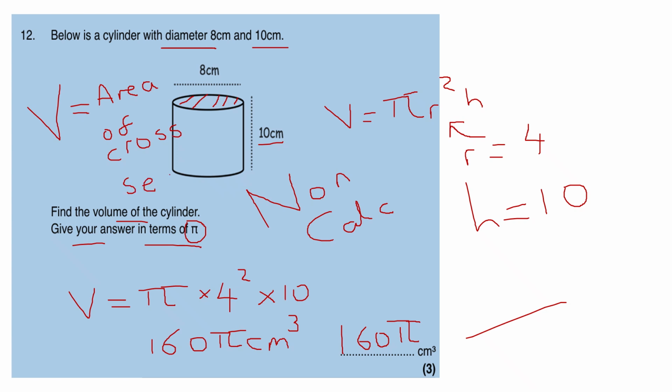So if you're ever unsure in the exam and can't remember what it is, think: to work out a volume, you do the area times the length or height. The volume of any 3D prism or shape is the area of the cross section, so the area of the front face or the back face or the top face, and then you multiply it by the vertical height, or length.